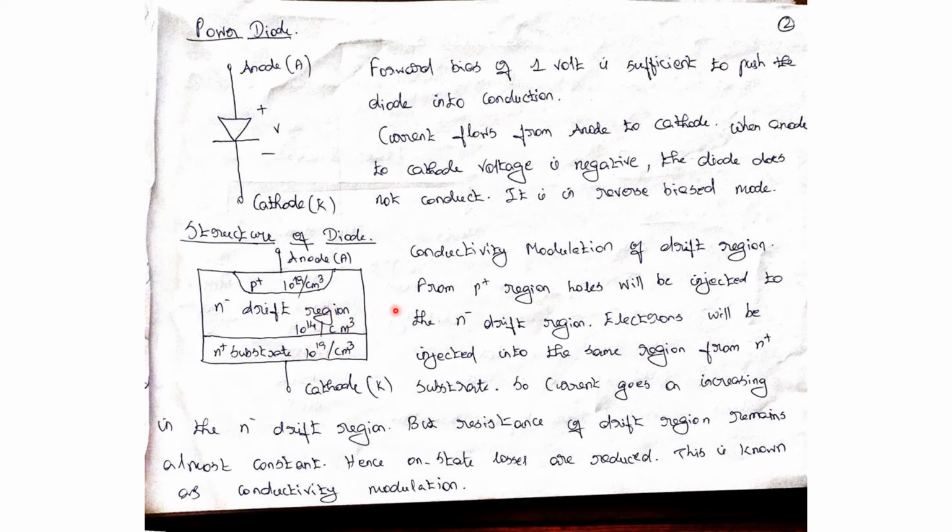You understand that conductivity modulation, no? It means the current keeps on increasing in the drift region, but the resistance of the drift region remains almost constant. This helps to reduce the on-state losses.